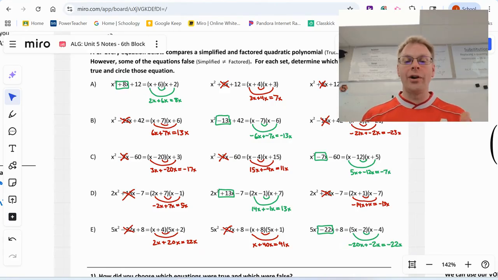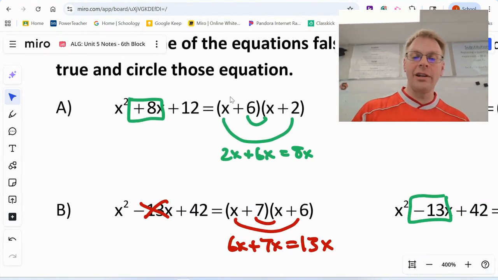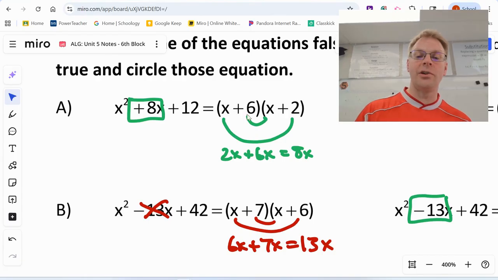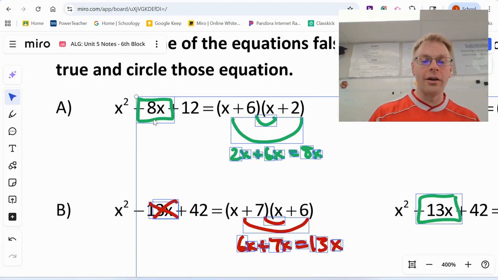And what you'll notice is not distributing variable to variable or constant to constant, but distributing the outsides, right? If you look at A, we distributed the x to the 2. Those are the outside terms. And the 6 to the x, the inside terms. So outside distribution and inside distribution added together gave us the correct middle term there.